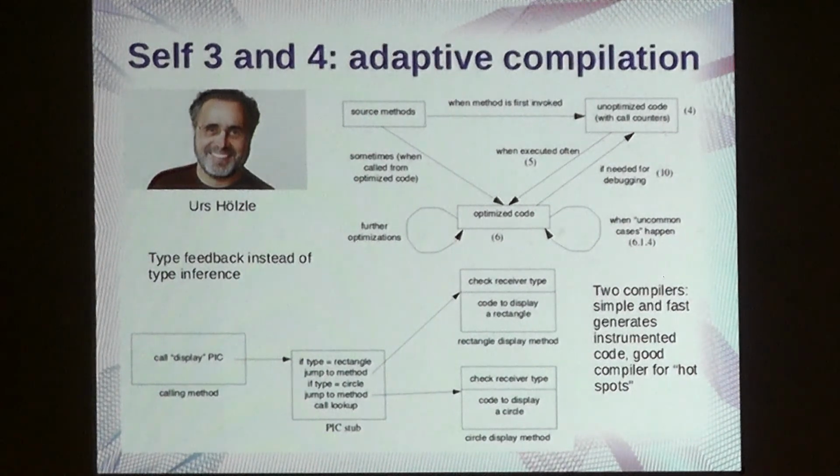And at the bottom, the Deutsch-Schiffman work introduced something called the inline cache that I'm not going to go into, but basically you have a bunch of code and suddenly you have the equivalent of a send message. It will generate a little switch case thing. Is the class this? Then jump here to this compiled method. Is the class this?